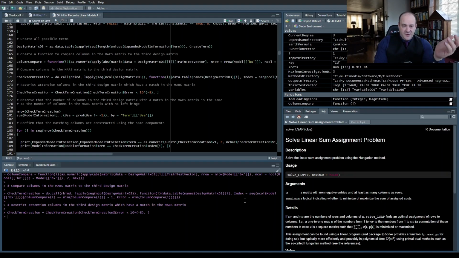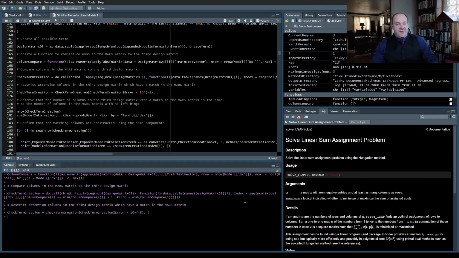So for the ones that don't, we should be able to find a column in the design matrix that came out of the Earth routine that matches one of the columns we just created, hence the function column compare. And that's the point of the column compare function, it's just a double check of our work. It's going through and making sure that where possible, the columns that we just created match what comes out of the design matrix in the Earth subroutine.